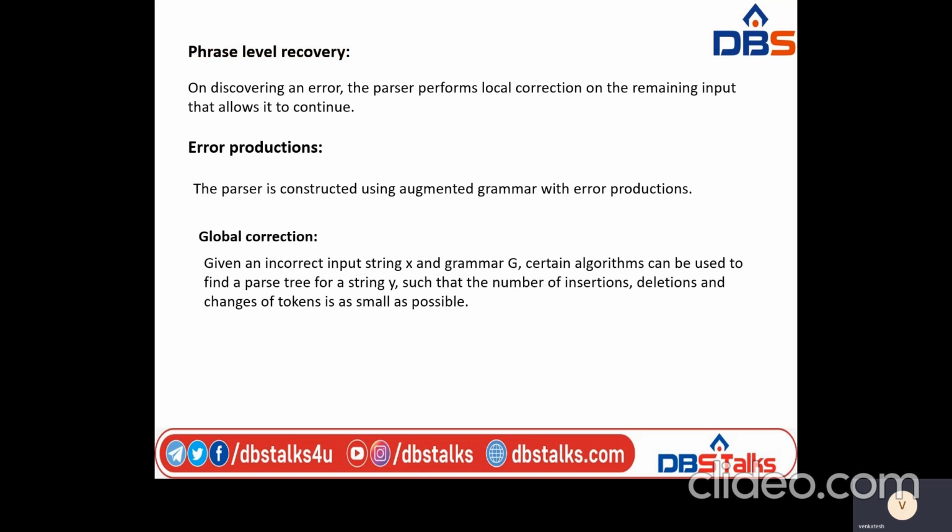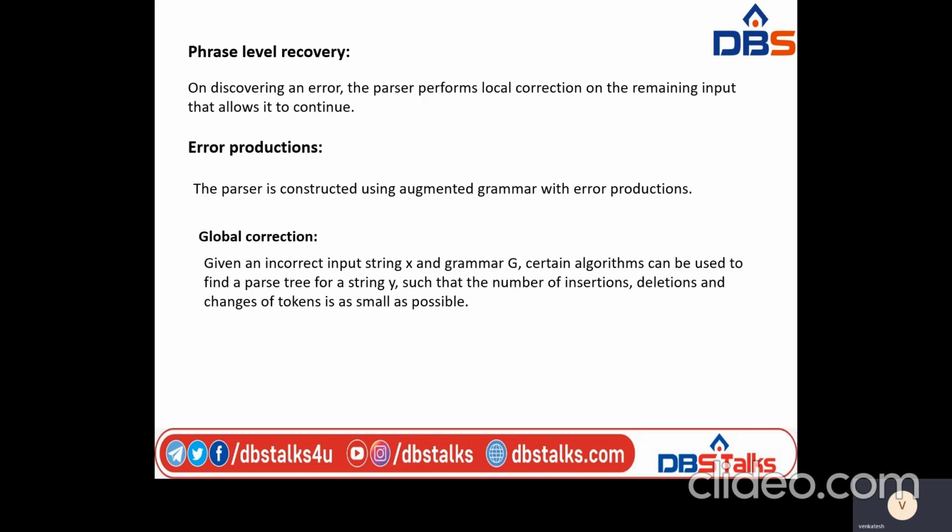Next, coming to phrase level recovery, on discovering an error, the parser performs local corrections on the remaining input, like replacing a prefix of the remaining input with a string. Local correction is, for example, replacing a comma by a semicolon, deleting an extra semicolon, or inserting a missing semicolon.